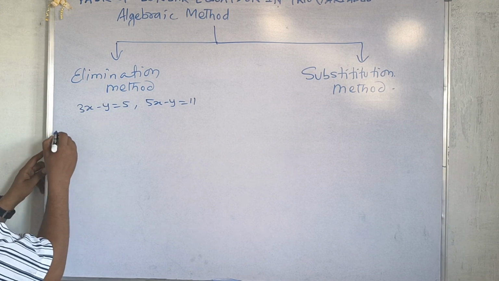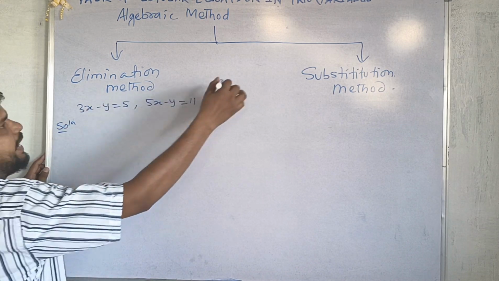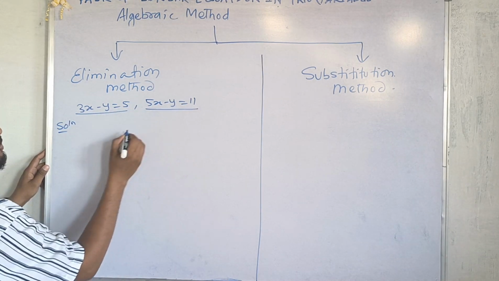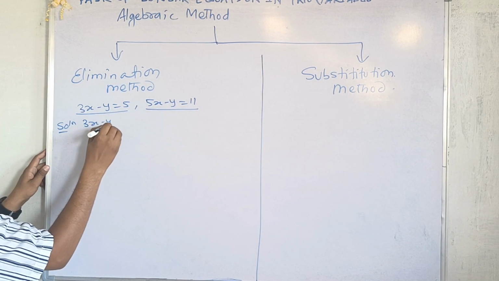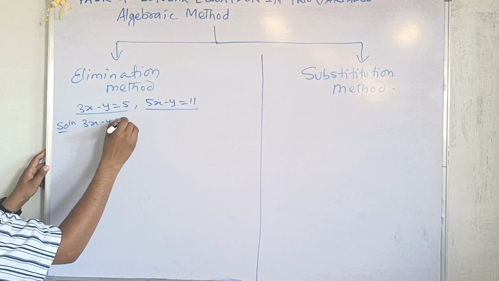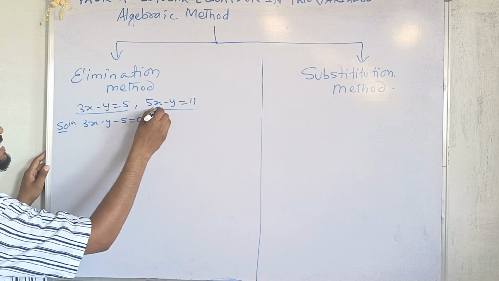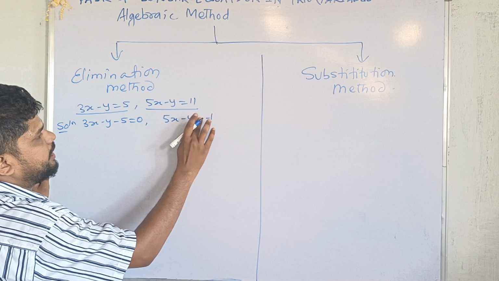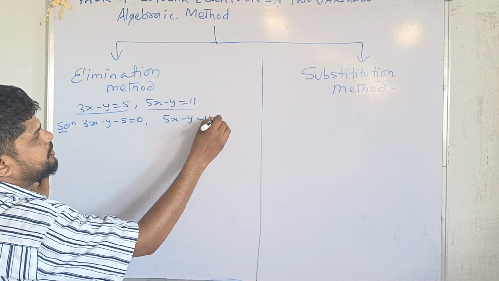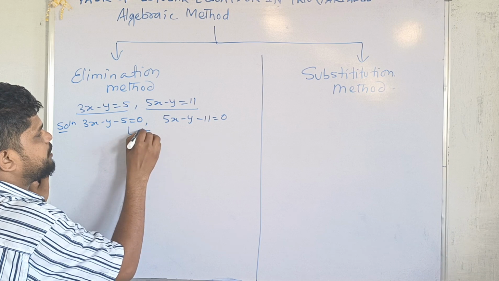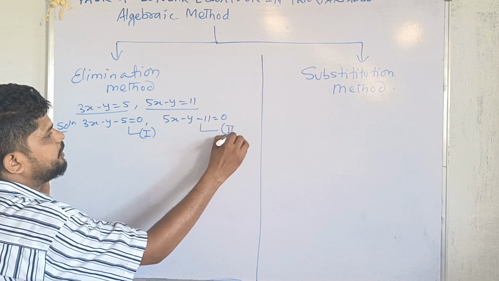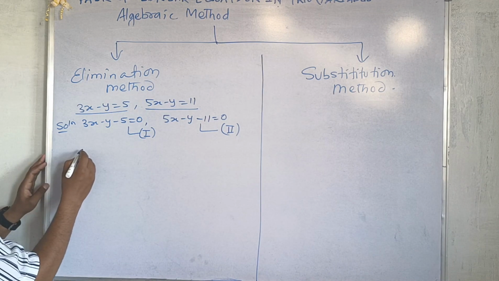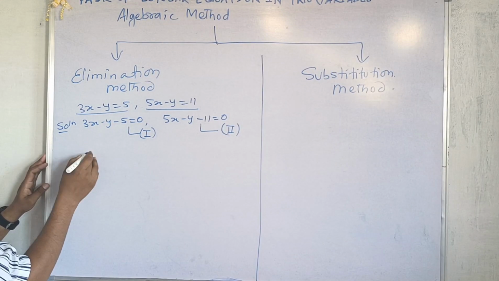So the solution under this elimination method, dear students: the given equations can be rewritten as 3x minus y, transposing this 5 to the LHS, we get minus 5 equals 0, and this can be rewritten as 5x minus y minus 11 equals 0. Put this as equation number 1 and this as equation number 2. Okay, now what we will do, we will try to subtract.